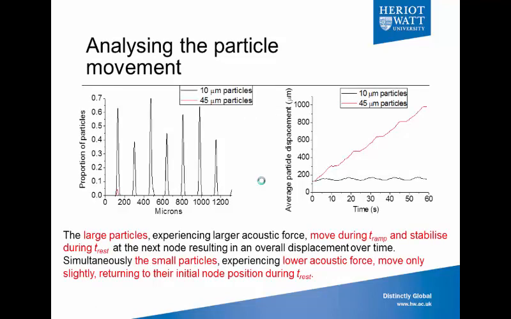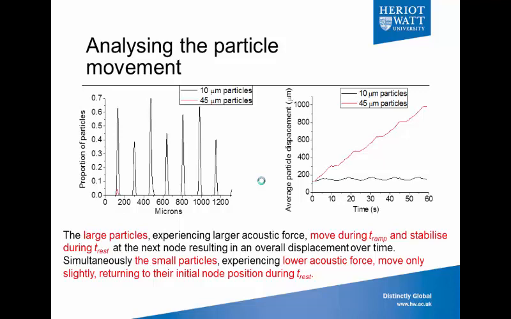What we also did is that we created software to be able to analyze our particles' movement. The software first identifies where the particles are at the nodes, and then analyzes the average particle displacement.